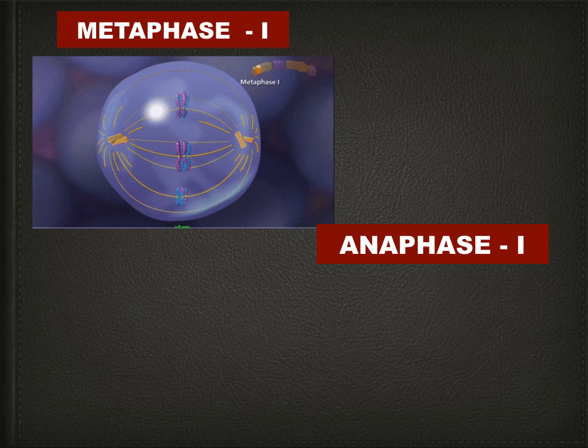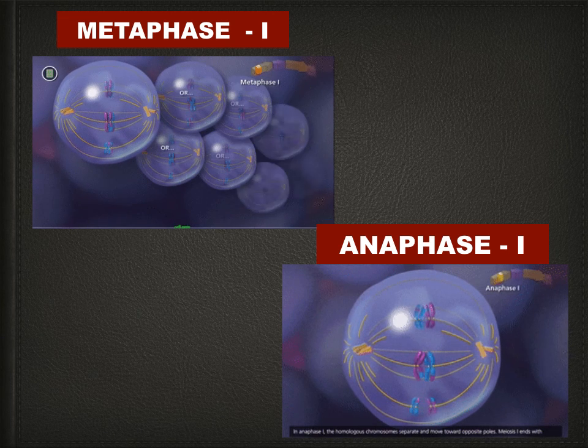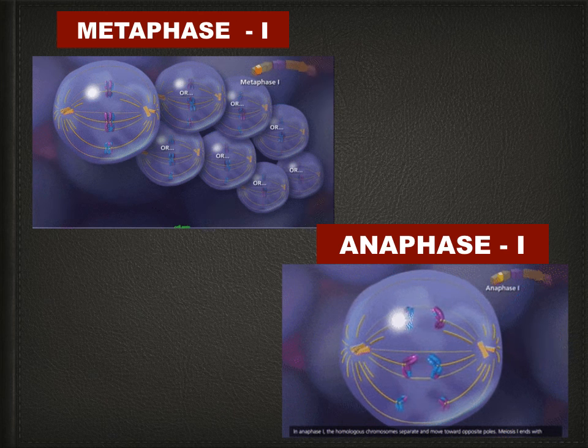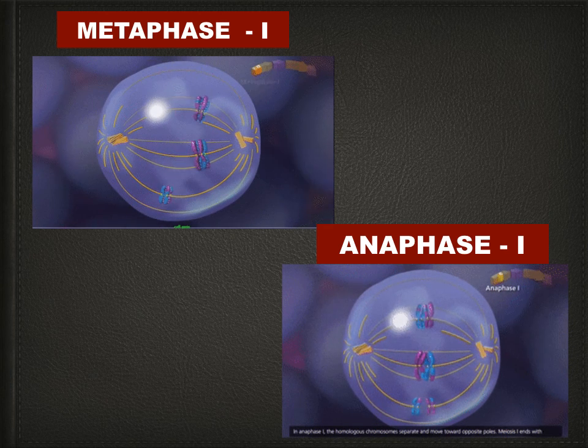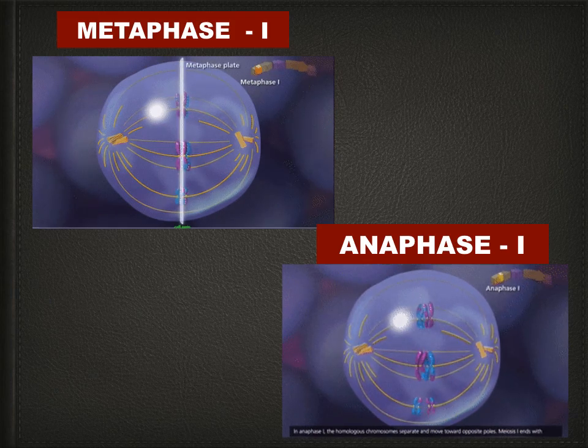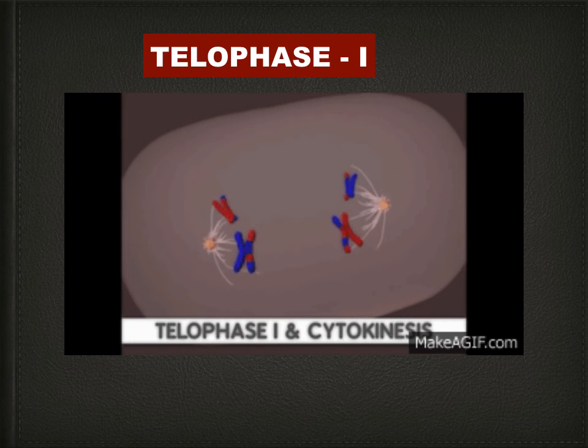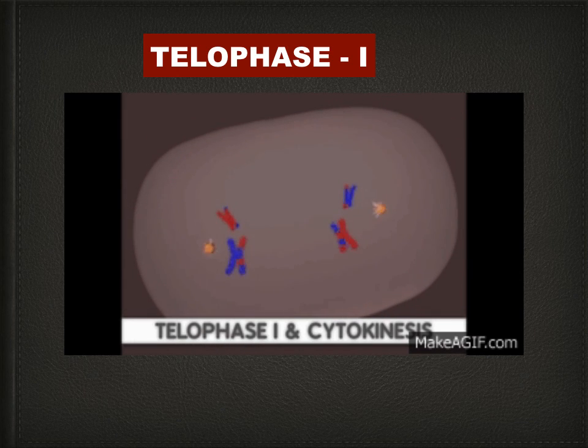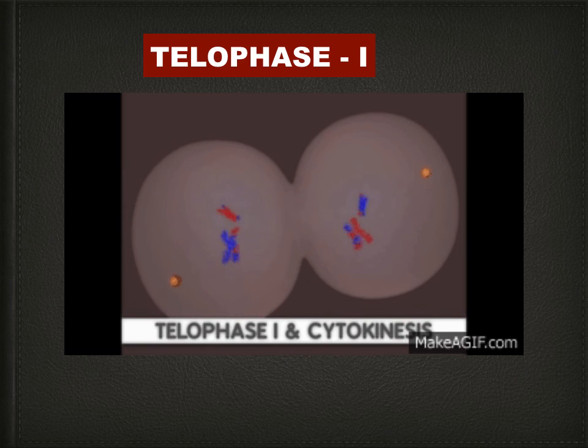The next stage is Anaphase 1, wherein the homologous chromosomes separate from each other and move towards the opposite poles. Finally, the cell enters telophase along with cytokinesis 1, wherein two new cells that are formed are haploid daughter cells.